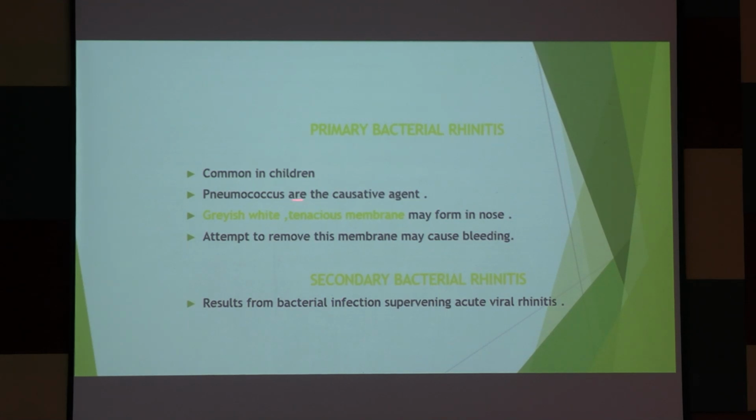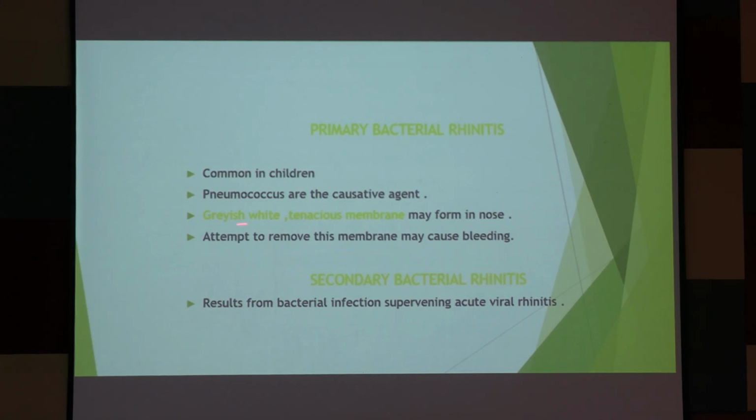Bacterial rhinitis is more common in children, okay? Children, especially up to 6 months, have natural protection from their mother, right? For the viruses. But for bacteria, you need to give some time to adapt the immunity, right? We call it adaptive immunity. Okay.